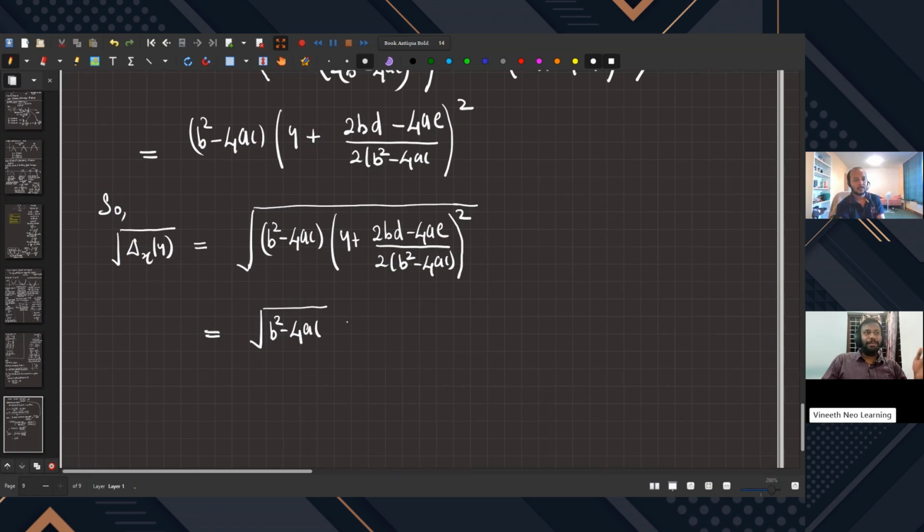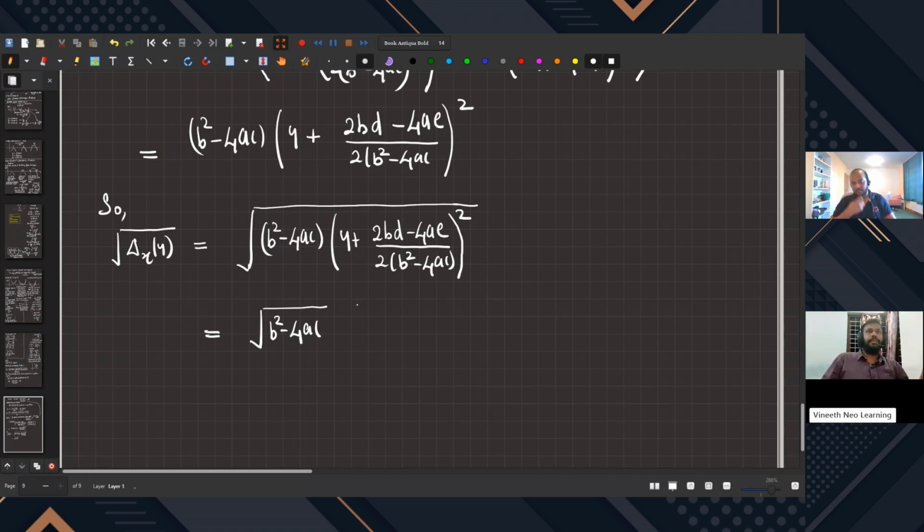That is why we are allowed to take it out of the square root. Otherwise, completing the square will not be possible. Look how it interconnects between the proof.